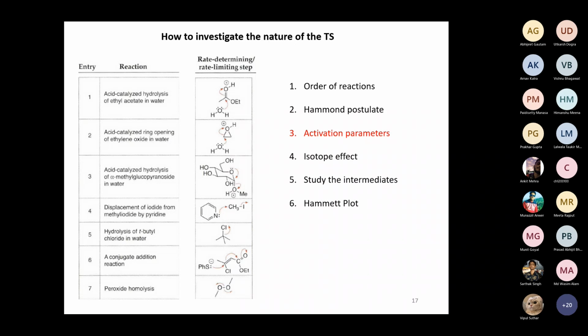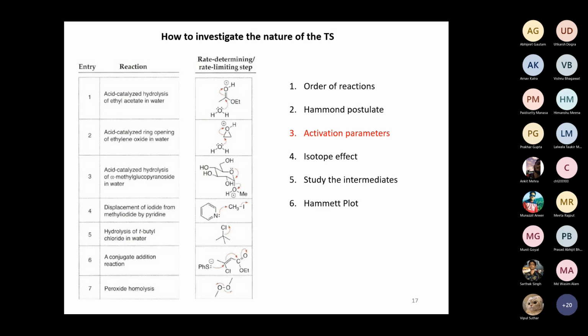Any reaction, whether catalyzed in the presence of a catalyst or a normal reaction without a catalyst. So what is the rate determining step, and not only that, what is the nature or structure of the transition state in the rate determining step? What kind of experiment can we do easily in the lab to understand the reaction pathway?